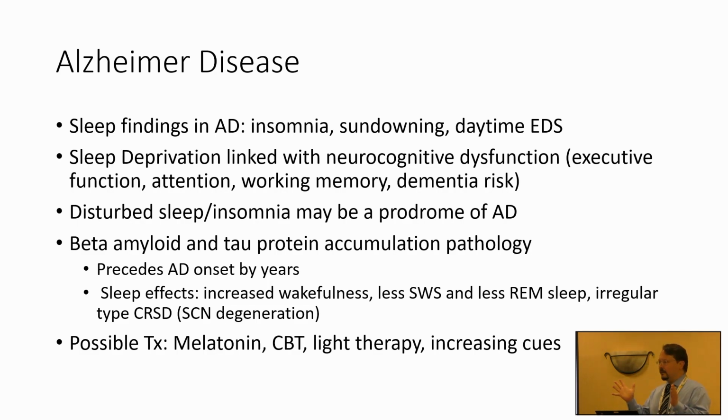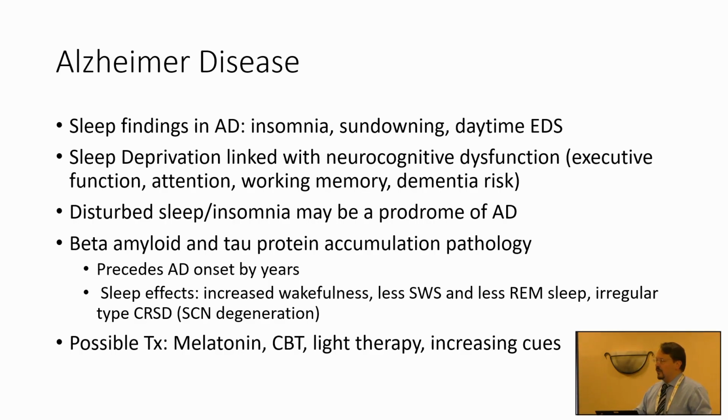So sleep deprivation can lead to all those kinds of things, and then ultimately to dementia risk. So it's very important to try and avoid chronic sleep deprivation, because it's really felt that disturbed sleep and insomnia going on chronically over years may be a prodrome of Alzheimer's. So definitely not to be ignored.